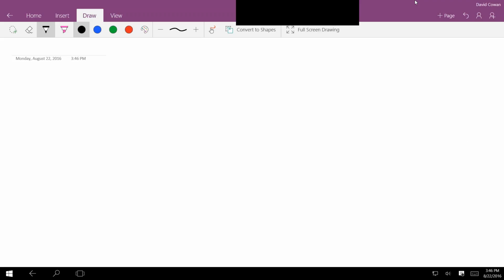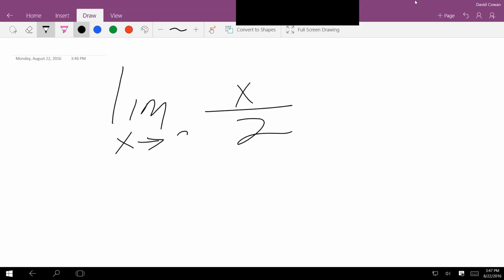Just talk about that for a moment. I'm going to introduce you to something called limits, which won't get useful until next year. But the limit of x over 2 as x approaches 0 is 0.